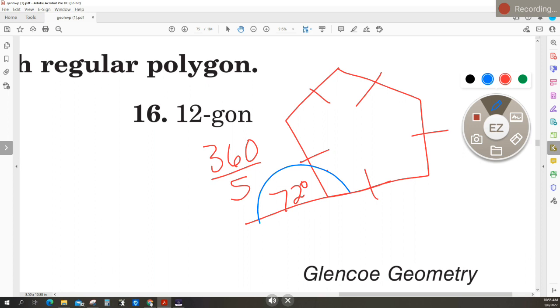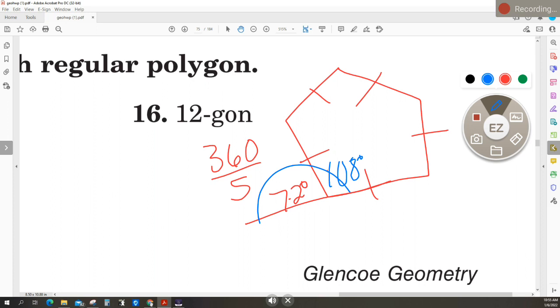So if I know my exterior angle, to find my interior angle, all I have to do is 180 minus 72. So 180 minus 72 gives me 108. And we know, because we've done the pentagon a bunch of times the last 2 days, that 108 is the correct answer. So you can find your exterior angle to find your interior angle if you want to.